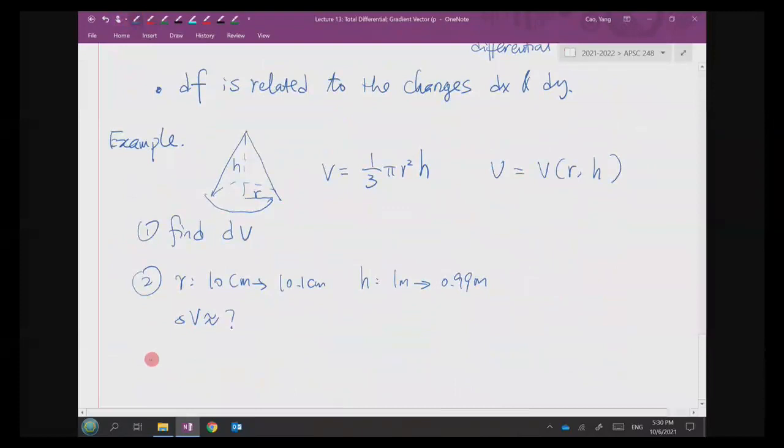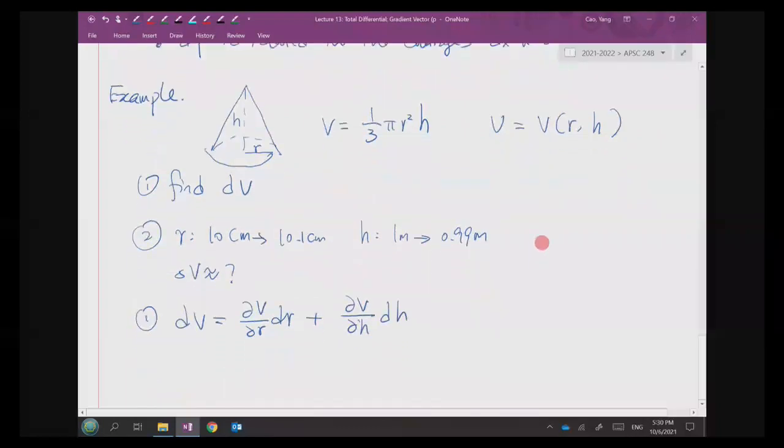So that's the question. So what's dV? Obviously, you need to calculate two first order partial derivatives in order to get this total differential. So number one, dV equals partial V over partial r dr plus partial V over partial h dh. That's your total differential formula. Here's your V function.